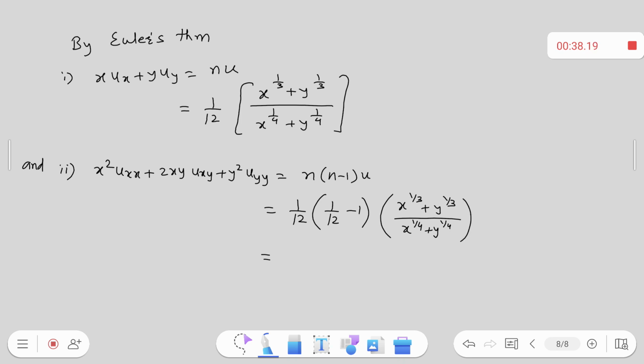So 1 upon 12 minus 1 is minus 11 by 12. So minus 11 by 12 into 1 by 12 is minus 11 by 144 of (x to the power 1 by 3 plus y to the power 1 by 3) upon (x to the power 1 by 4 plus y to the power 1 by 4). So this gives the first order as well as the second order. This is how we use Euler's theorem to solve such problems.